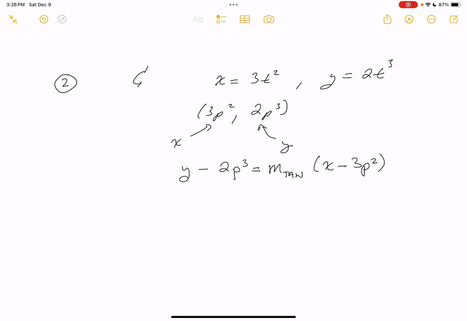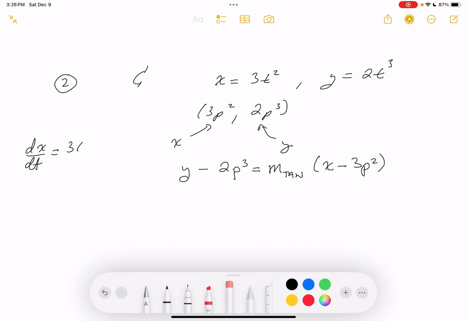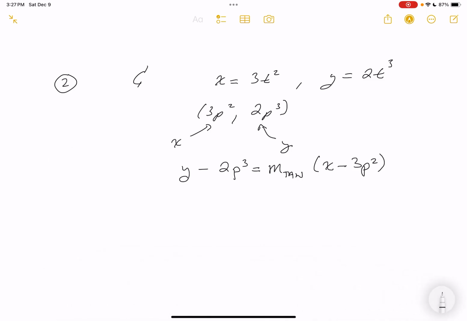The way to do that is I'm going to differentiate. Let me go backwards and erase this. Start again. So dx/dt is going to be 6t. dy/dt is going to be 6t squared.